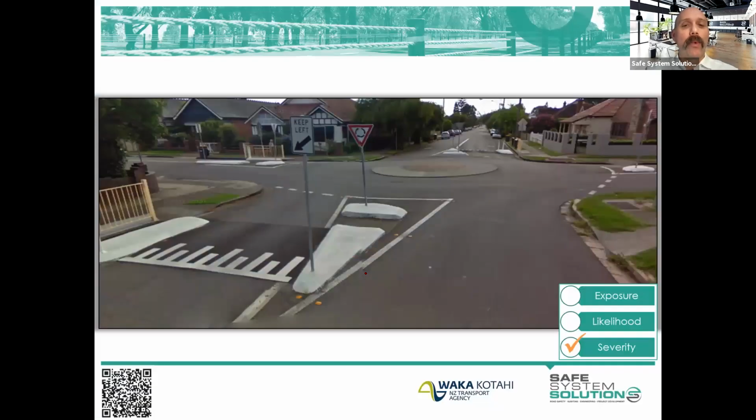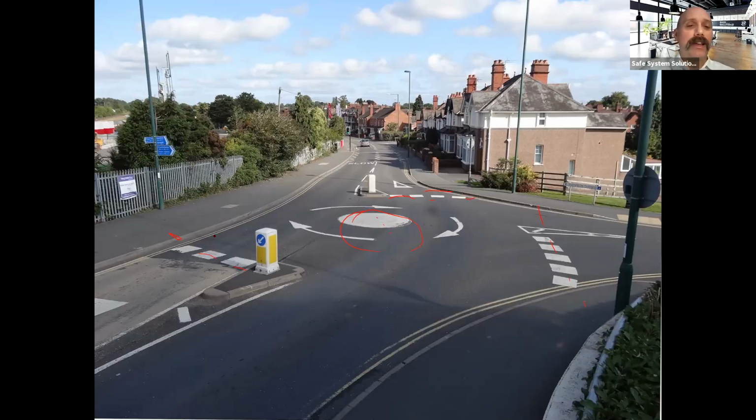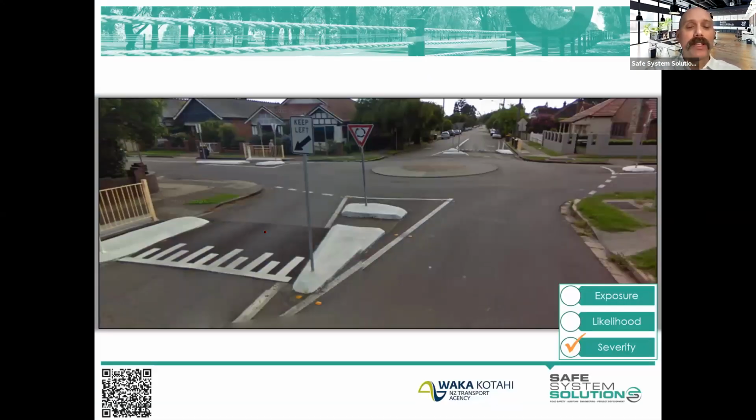Now, people will get worried about the fact that that leg, for example, has no deflection, no change in angle, and once they know they're clear, they'll put the foot down and go quite fast through there, and that's true. You can alter things with some raised platforms on the approach to these if you've got concerns about higher speeds through the roundabout, so you can start to play around with that and continue to address the severity of crashes.